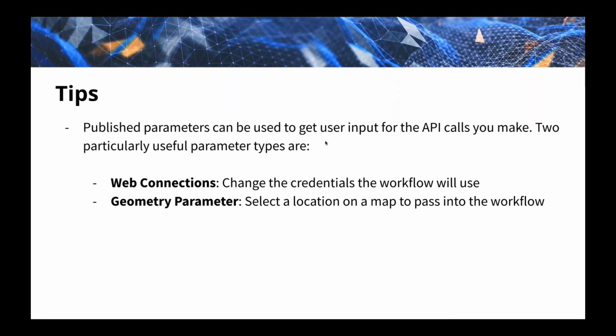It'll present them with a drop-down where they can select which web connection to use with the workspace. The second one is a geometry parameter. This is great if your workflow is tied to location. If you want to find your commute for one specific city within Vancouver or the greater Vancouver area, you can provide options for a user to select locations on a map to pass into the workflow when it runs.